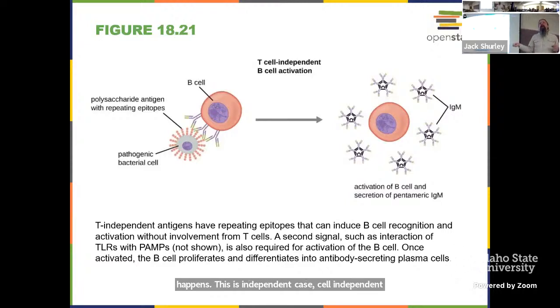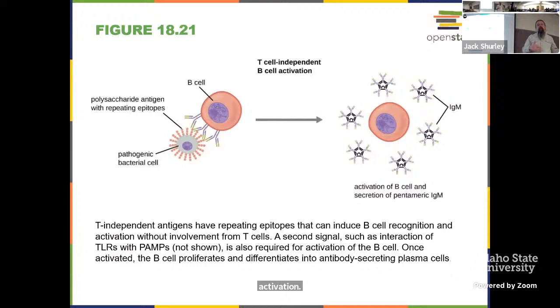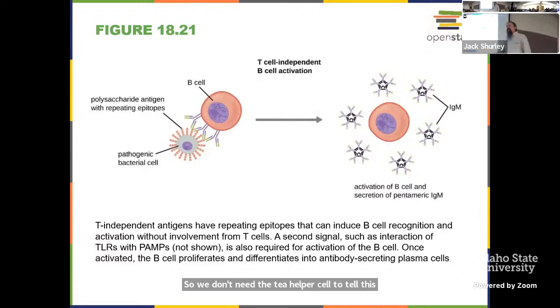We don't need the T helper cell to tell this B cell what's going on. They've recognized it, all right? And this is, in this case, able to respond very rapidly as this recognition happens, all right? So it recognizes, activates, doesn't need those T cells, and now we start secreting IgM.